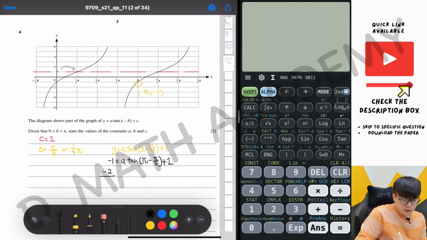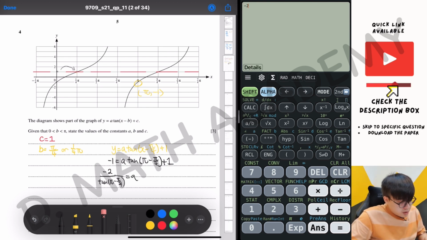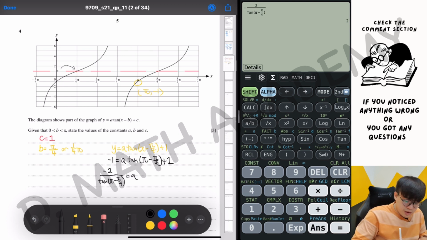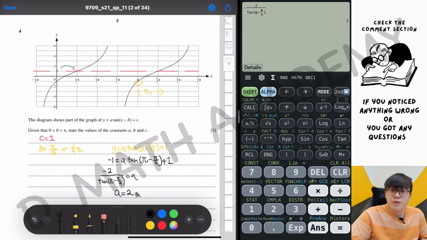So it's actually -2 divided by tangent of pi minus pi over 4 equals to our a here. And we get our a's result as 2. So just like this, you get to your final results.